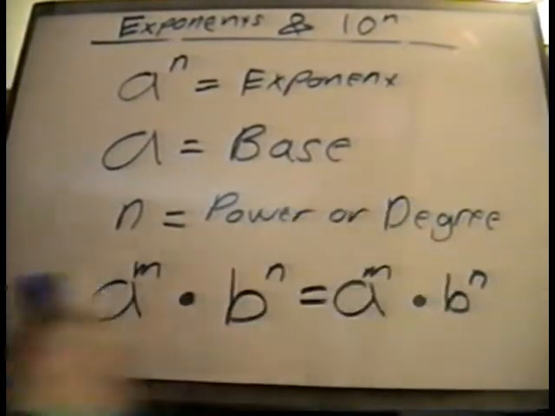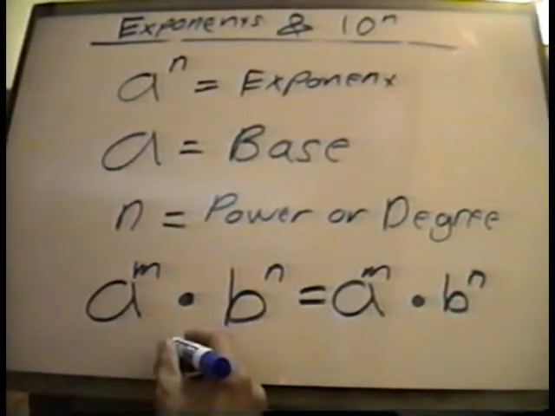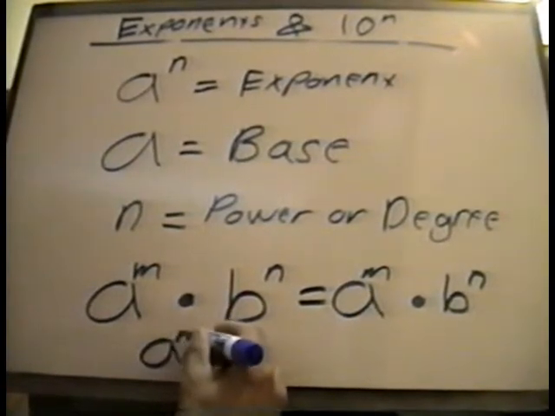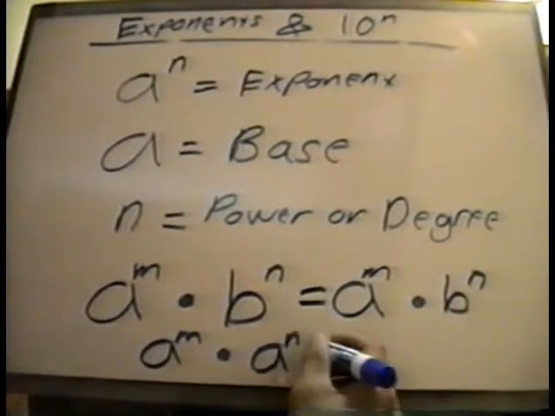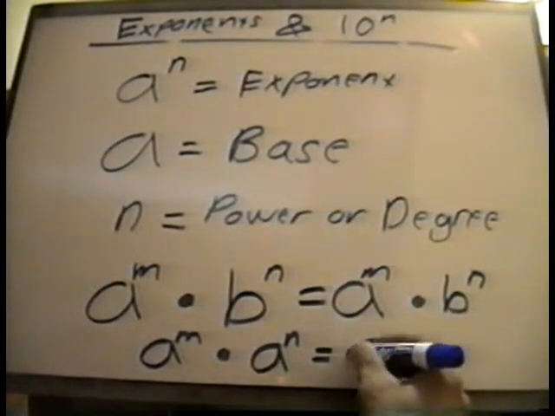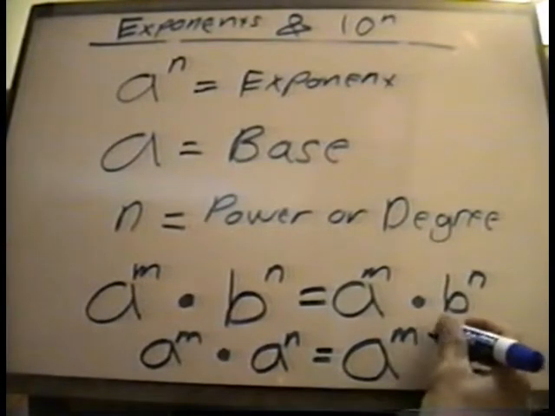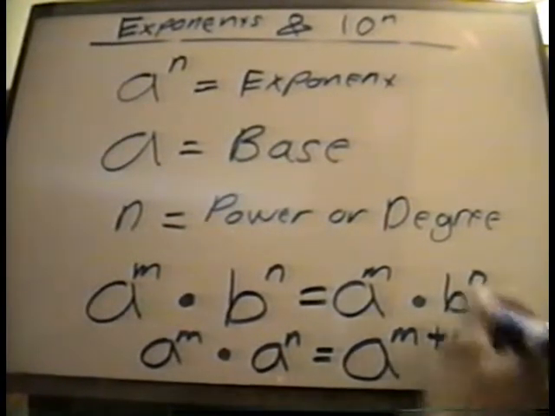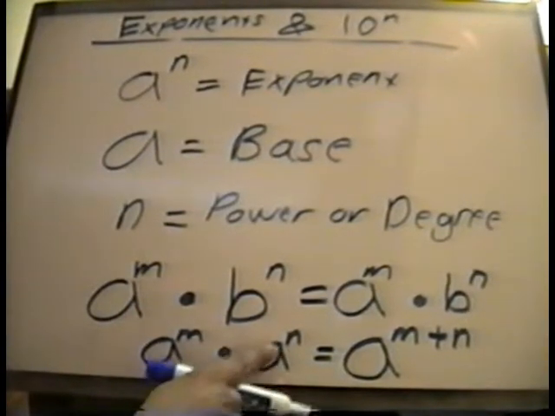However, if you're multiplying exponents with the same base, it becomes: a to the power of m multiplied by a to the power of n equals a to the power of m plus n.